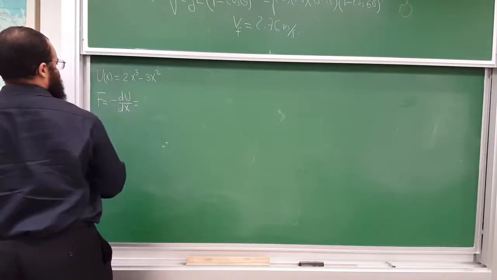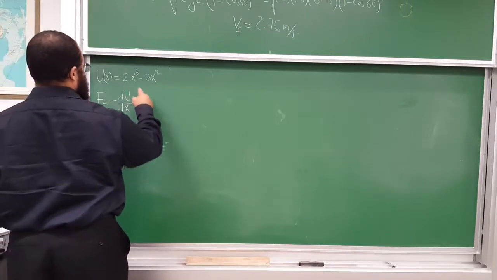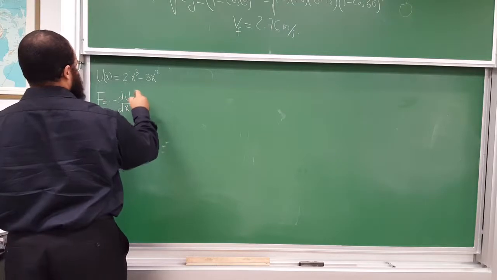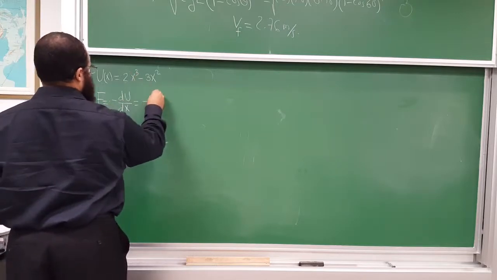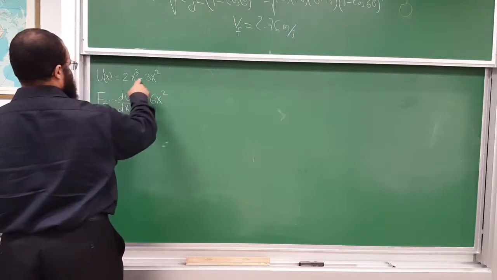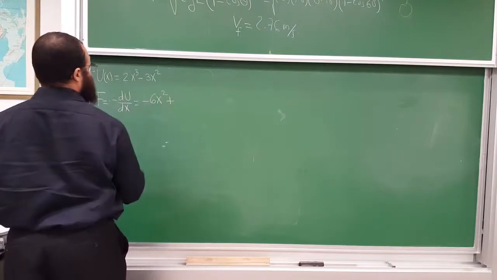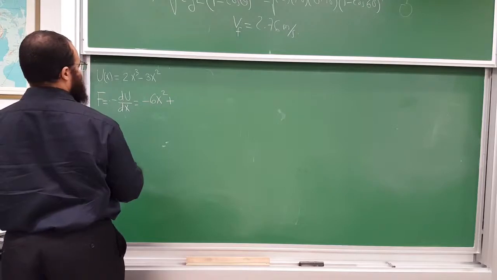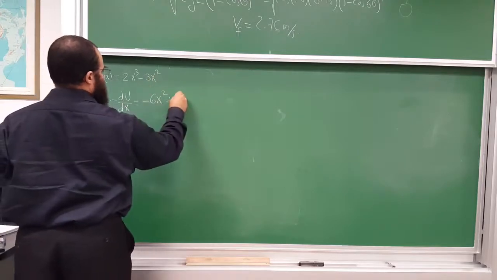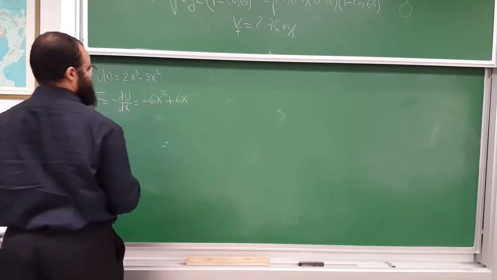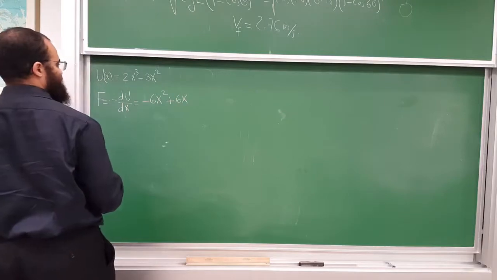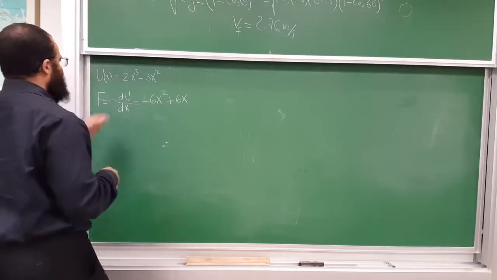So you take the derivative of this and then put a minus sign. So this is negative 6x squared, and the minus sign takes care of this, so it becomes a plus, and you get 6x. That's the force.